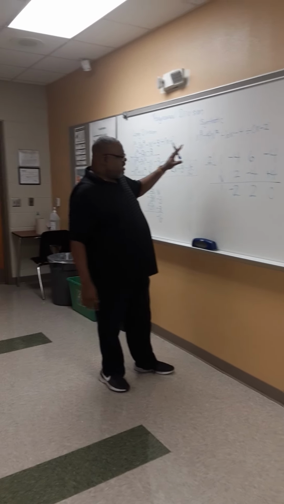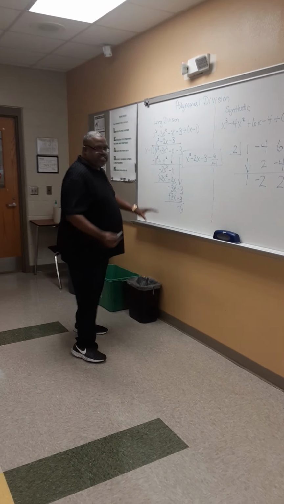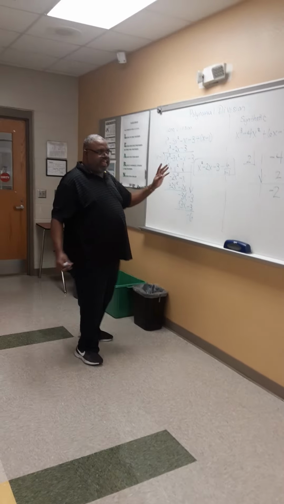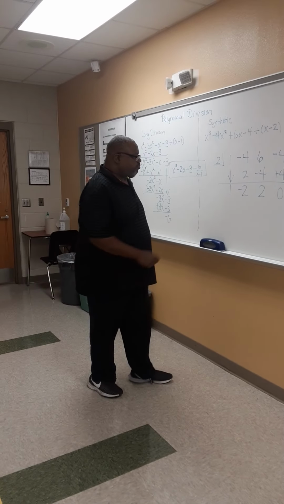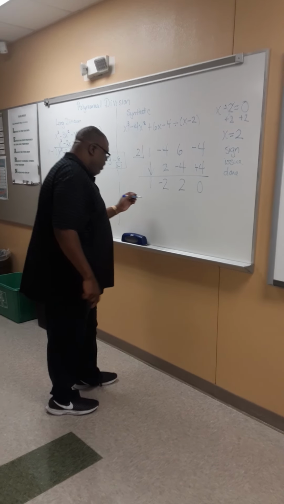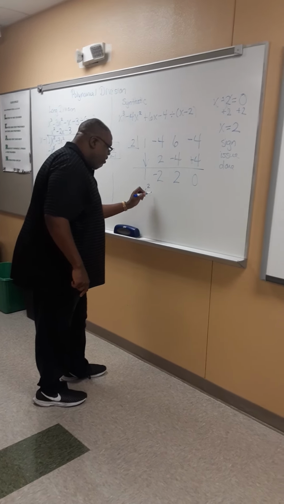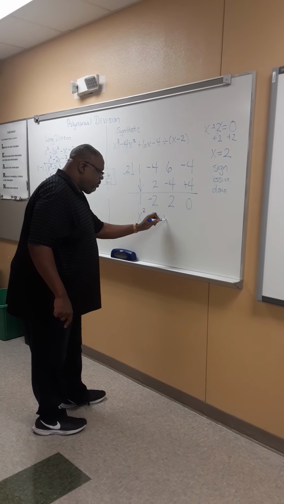Synthetic is by far my best method because I'm not dealing with x's and changing signs and all of that. I dealt with my changing sign issue over here. So this is my x squared term. So this 1 represents x squared. X squared minus 2x plus 2.